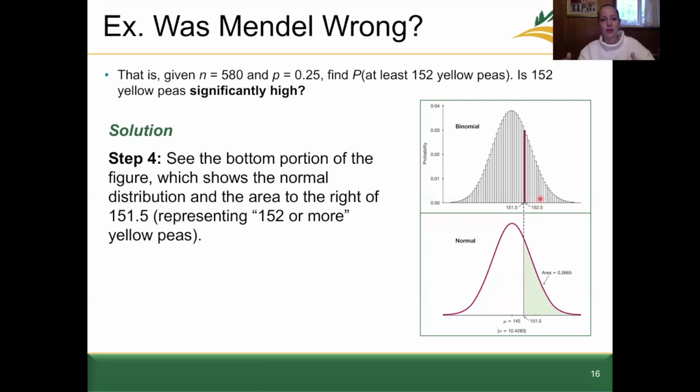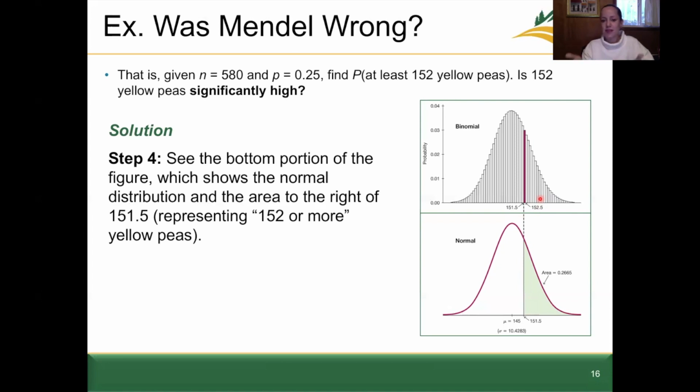Really importantly, in step 3, we figured out our continuity correction, those values being 151.5 and 152.5. Now we think of our discrete x value of 152 as a continuous range from 151.5 to 152.5.